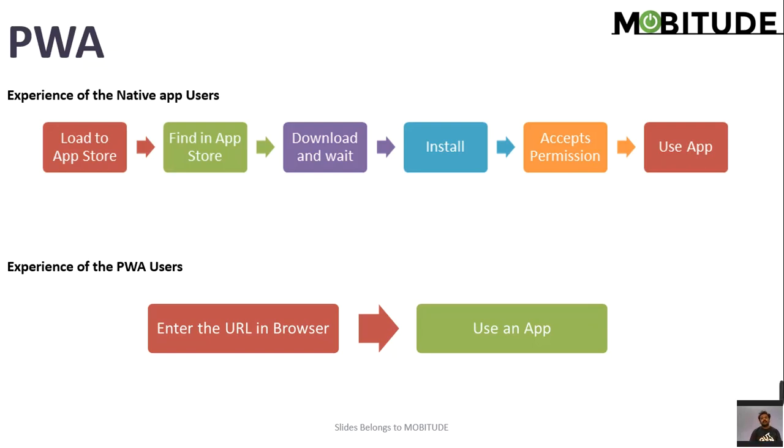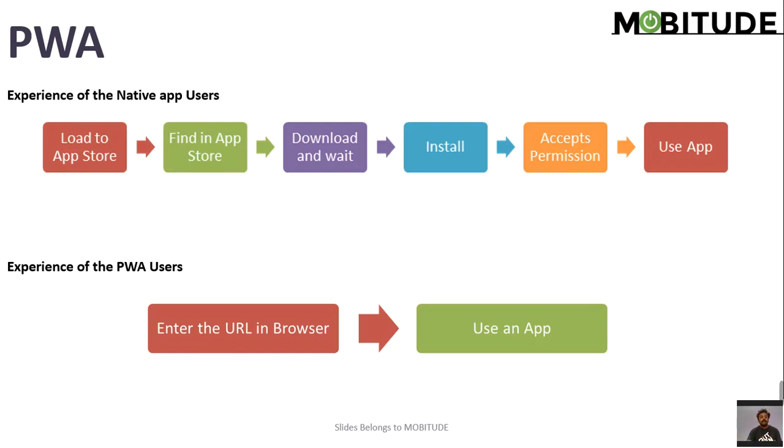They introduced this in 2015, but nowadays these web apps are trending, and many applications are using them. I showed you that these Android applications are all progressive web apps only, so web applications only.